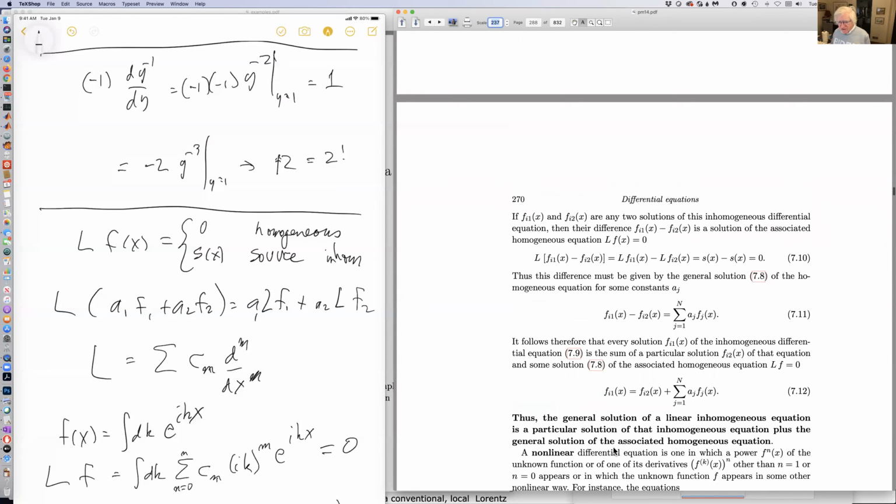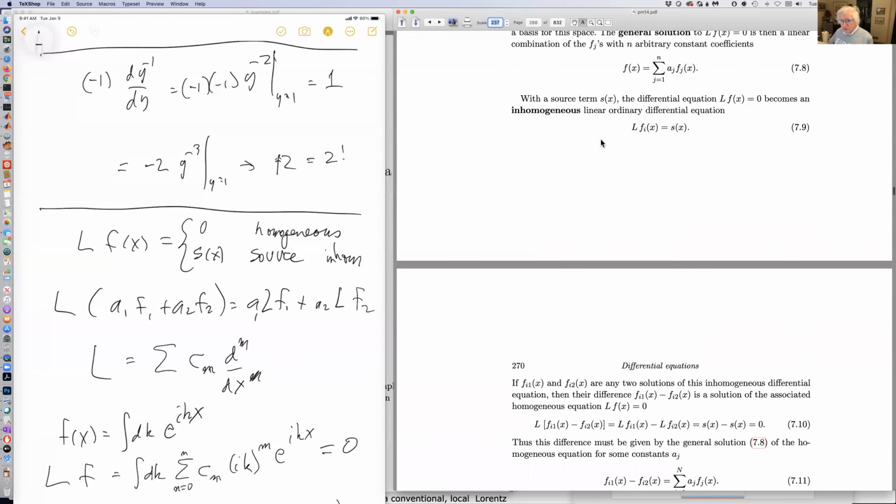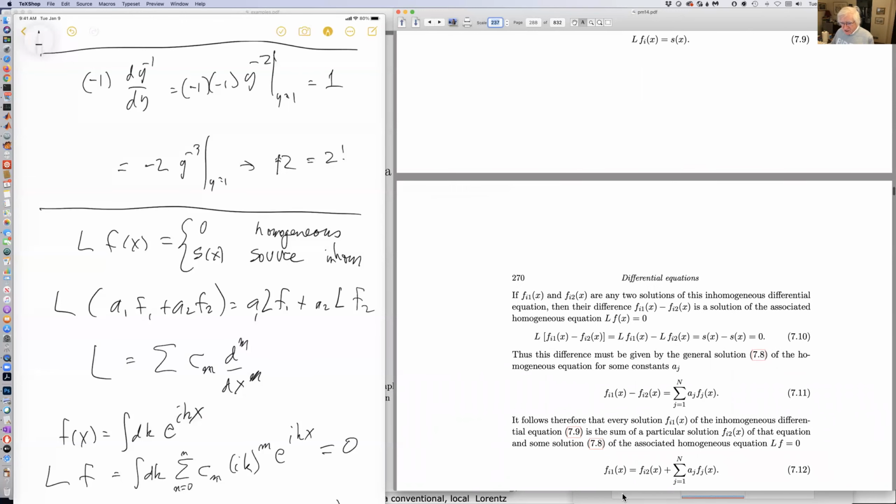Putting the F on the other side, we see that the most general solution, remember this one is arbitrary, of the inhomogeneous equation, the inhomogeneous equation being this one, is any particular solution, and particular just means any old solution, John's or Mary's or Harry's, doesn't matter, your favorite solution of the inhomogeneous equation, plus the general solution of the homogeneous equation.